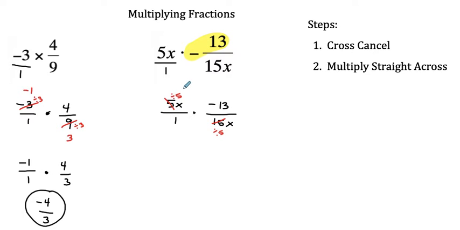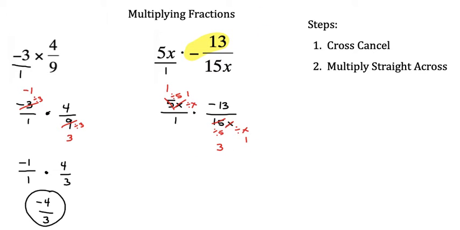So 5 divided by 5 is 1, 15 divided by 5 is 3. And then I also have this factor of x, because this is 5 times x and this is 15 times x. So x divided by x is 1, and x divided by x is 1.